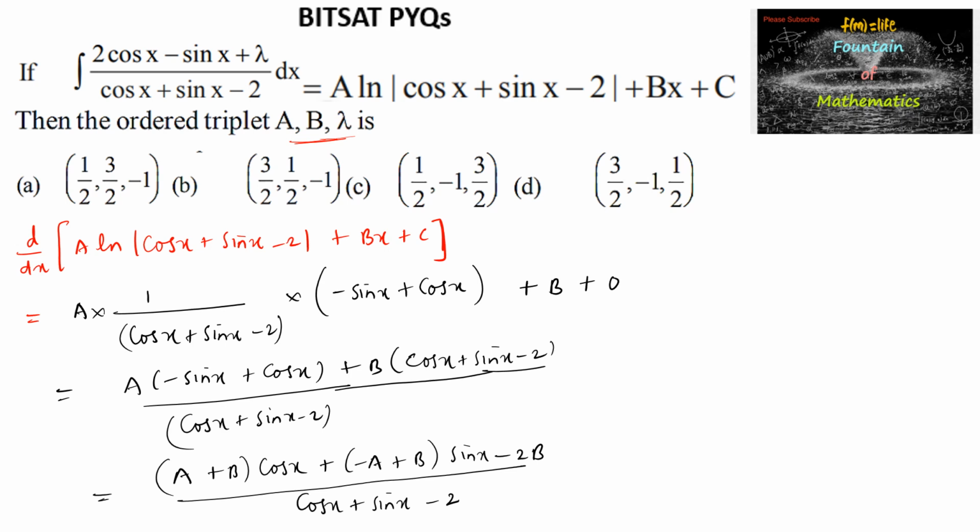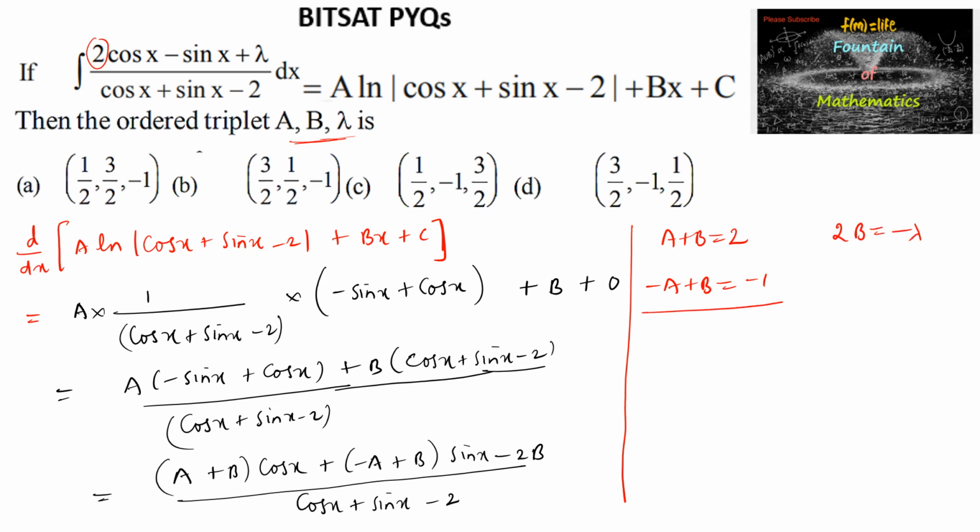So when comparing both the sides, a plus b is equal to 2, and minus a plus b is equal to negative 1, and 2b is equal to minus lambda.